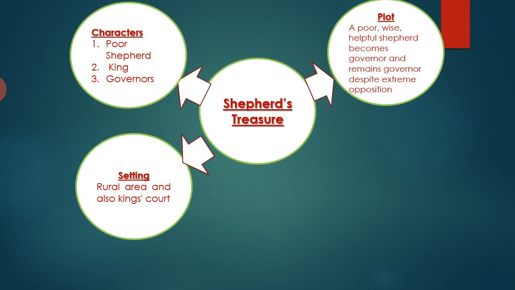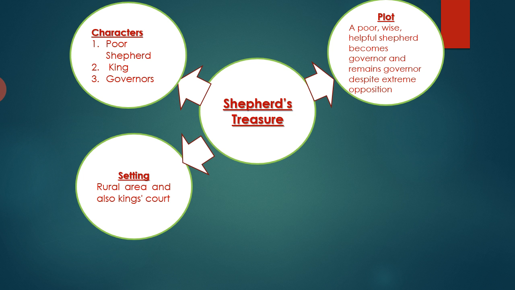Later on, even though he becomes the governor of this small district, and he gets power and fame, he doesn't change inwardly. His nature remains the same. He doesn't lose his humbleness.